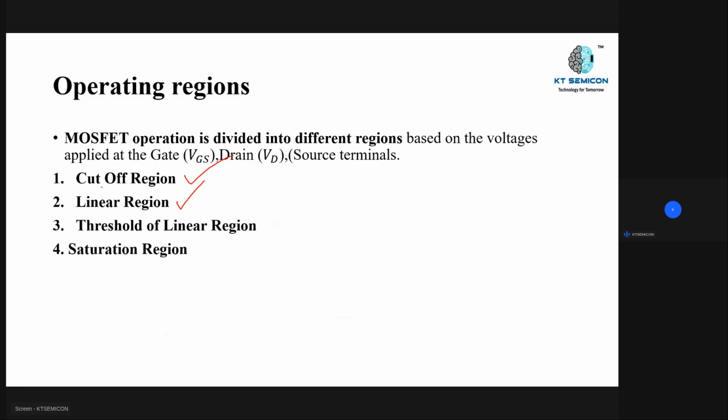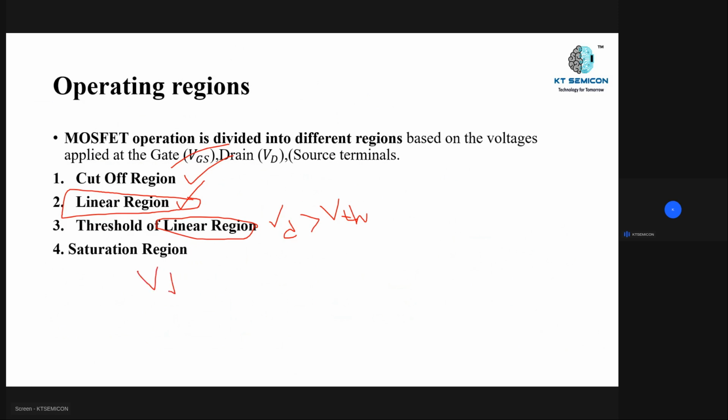In depletion MOSFET regions, whenever my VD voltage is zero, we can observe the cutoff region. Whenever we increase the VD voltage by a small amount, we can see the current increases linearly. After that we can see one pinch off region, which means we are increasing the voltage more than my threshold voltage. Then we can see some pinch off or threshold regions.